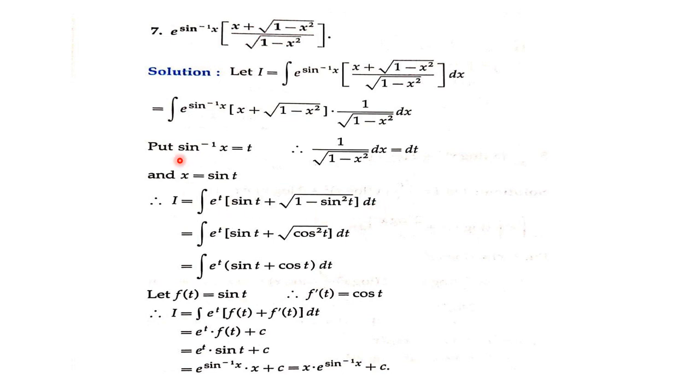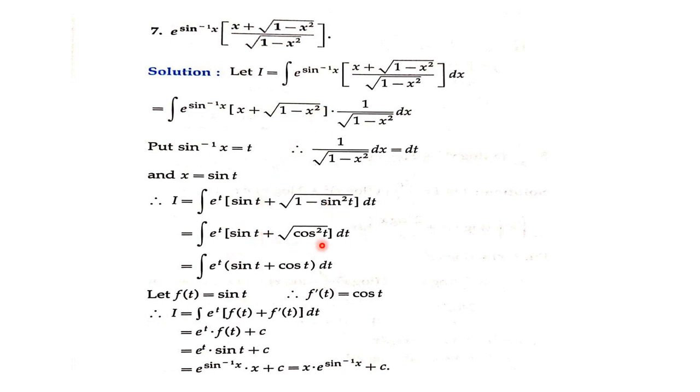See students, here sine inverse of x is equal to t. Therefore x is equal to sine t. Pre-multiplying both sides by sine, sine and sine inverse get cancelled, x is sine of t and its derivative is this one. Therefore x is replaced by sine of t.